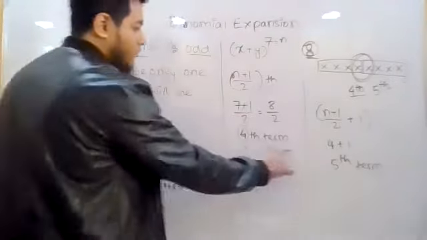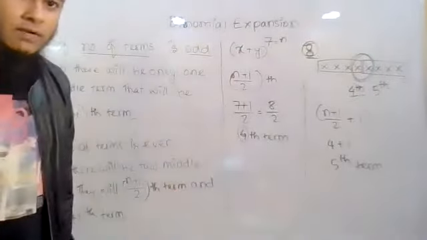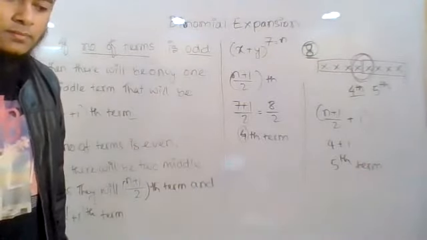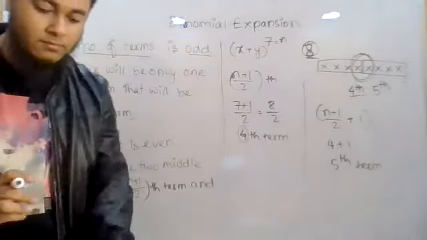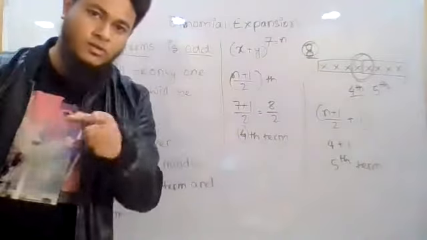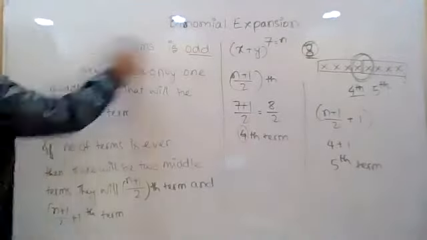So the 4th and 5th terms will be the middle terms. Everyone understood? Yes, sir. Sanjita and Mahmoud, take a special note. I want to see it in your notebook when I come. Okay, so now we will talk about the general term.